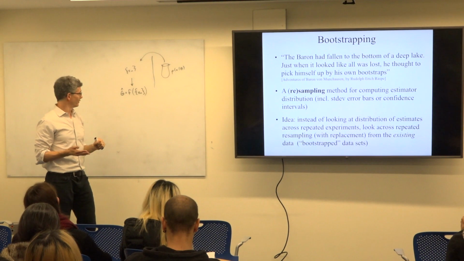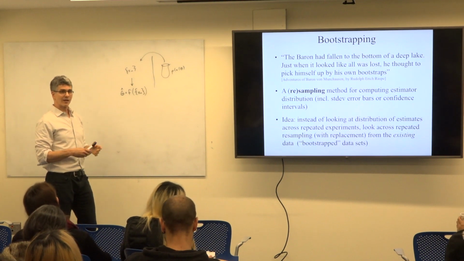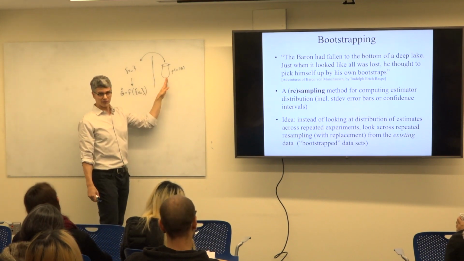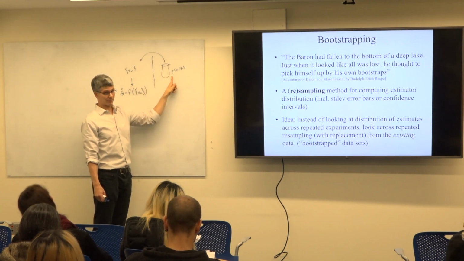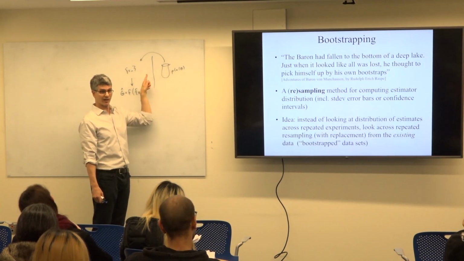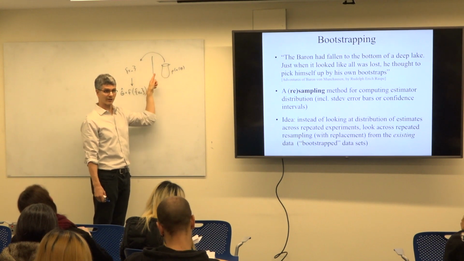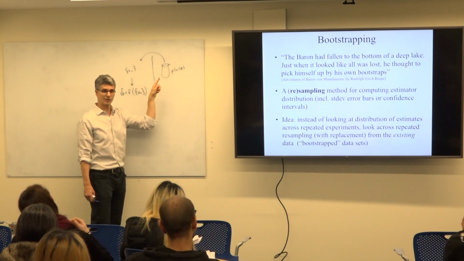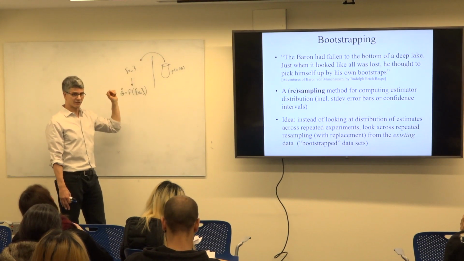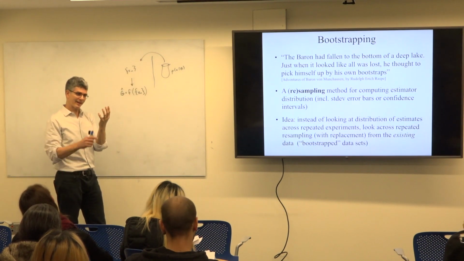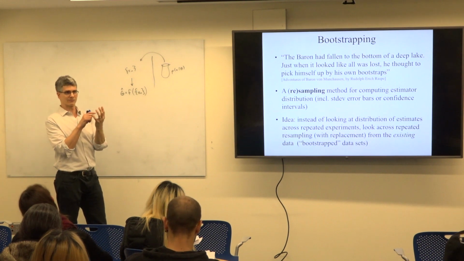The idea now is that rather than resampling from this urn, which involved me producing this probability distribution and finding a way on a computer to draw samples from it, I'm going to do something very strange. I'm going to treat the data, these x's that I've got in my hand, as the actual distribution.